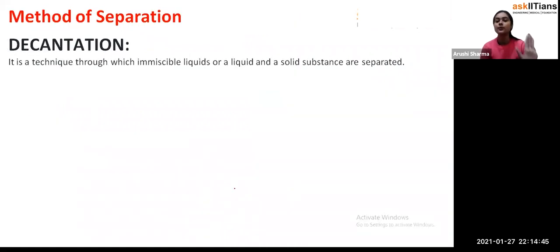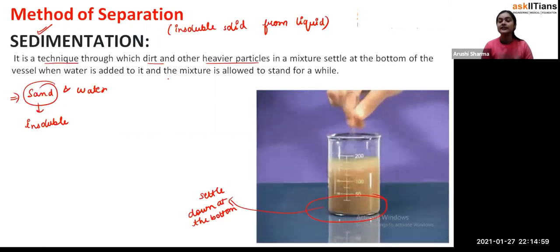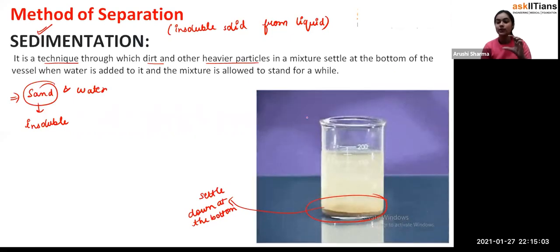So my dear student, what is decantation? It is a technique through which immiscible liquids, or a liquid and a solid substance, are separated out. We'll see what immiscible liquid means: the liquids which are not completely mixed together. In the decantation process, you have seen here that when the sand has settled down at the bottom, the water which is present over the sand can be decanted out into another beaker.